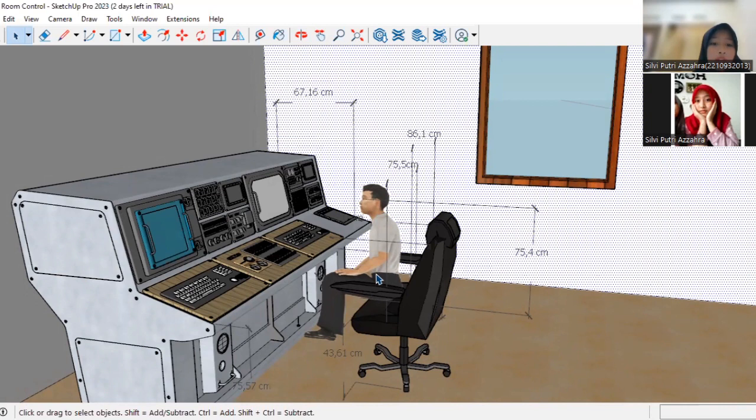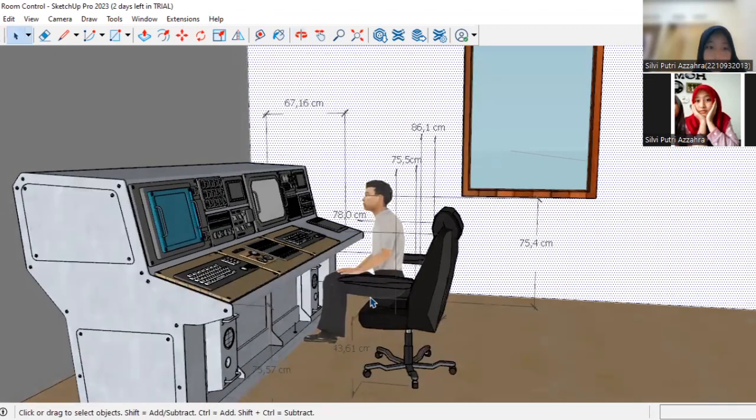Percentile 50 is used so that the height of the chair base is sufficient for the legs of operators with bodies that tend to be tall, and the legs of operators with bodies that tend to be short don't hang too much. The original size is 39 centimeter and 43 centimeter after adding the allowance.